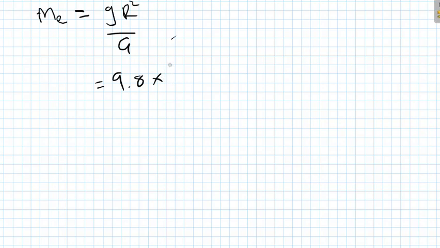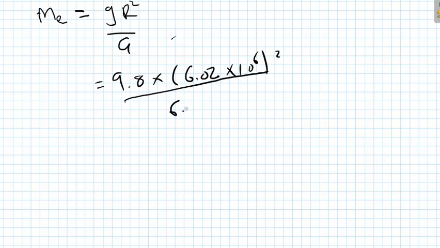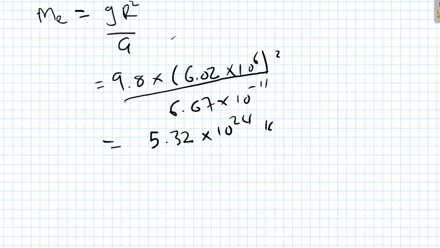So finally, what we get now is M_E being equal to g r squared over capital G. So just replace 9.8 multiplied by the r that we've been given, 6.02 multiplied by 10 to the power 6, squared, divided by G, which is 6.67 by 10 to the minus 11, and finally we get the mass of the Earth to be 5.32 times 10 to the power 24 kg.